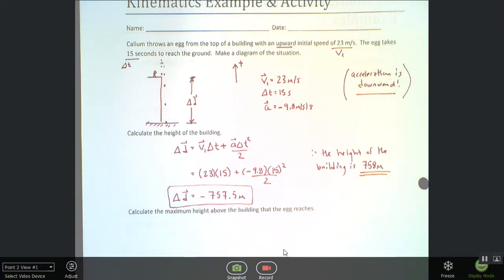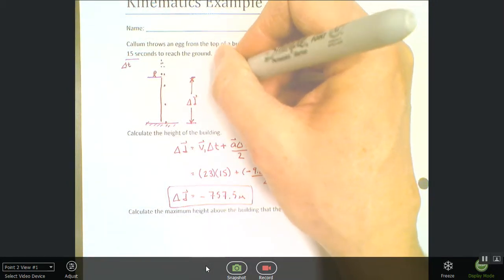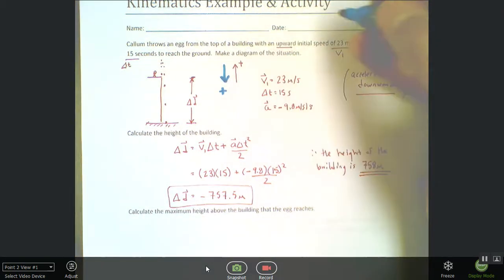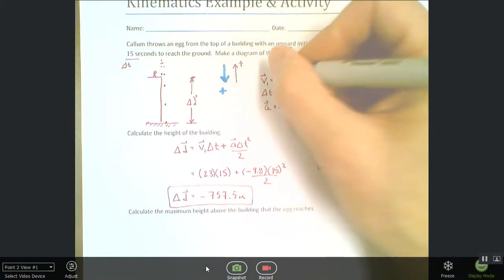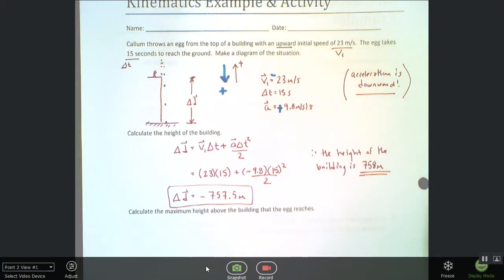Okay, now some people at this point are like, well, what if I made down positive? I'm going to do this with a different colored pen, but you don't need to include this part of it, so don't worry about it. So what I'll do is draw it with the pen here, and if I made down positive, like this, so you're not adding this part to your note, then the initial speed upward is negative, the time stays positive, but now the acceleration is positive.